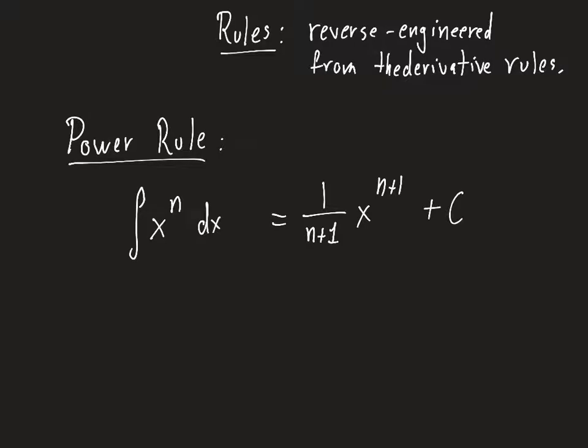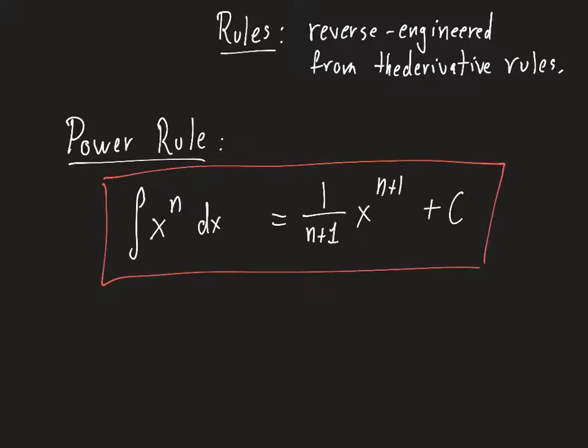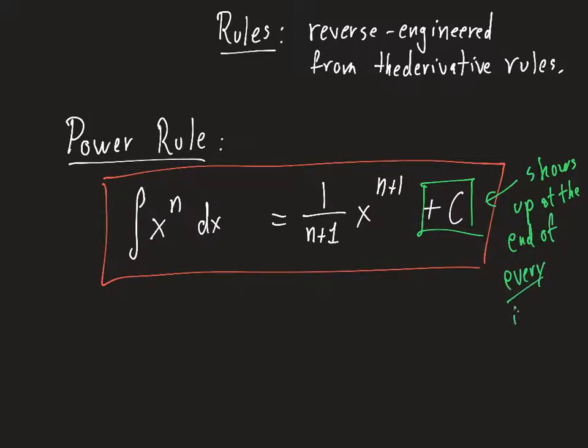All of our rules are going to have these. I'm going to put this out in red. I'm going to mention that this plus c is going to show up at the end of every indefinite integral.